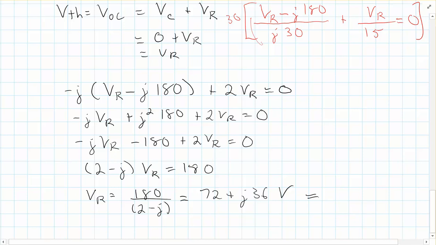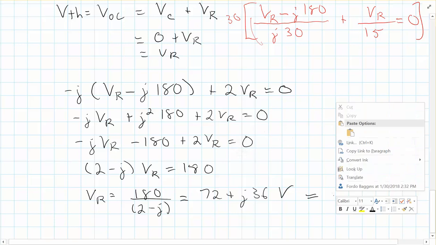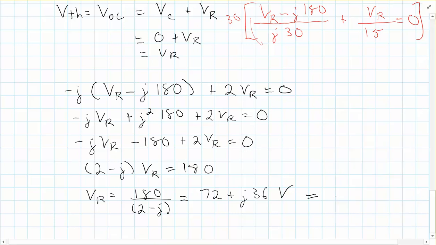So if I go to polar form, and again just using my calculator to put it into polar form, this would be roughly 80.5 at an angle of 26.6 degrees.